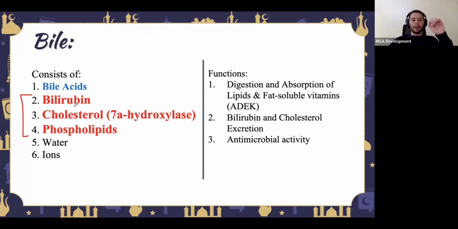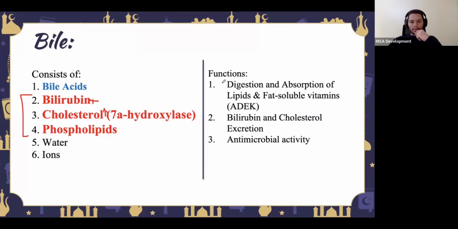Any imbalance in any of those 3 would lead to gallstone formation. So you have 2 types of gallstone. You either have a cholesterol gallstone or a pigmented gallstone. Your cholesterol gallstone, from its name, you have much more cholesterol than the others. So cholesterol will be high. Then you have your pigmented gallstone. That's where you have bilirubin. Bilirubin is mainly higher than the other 2.